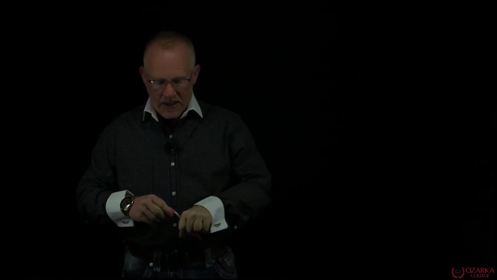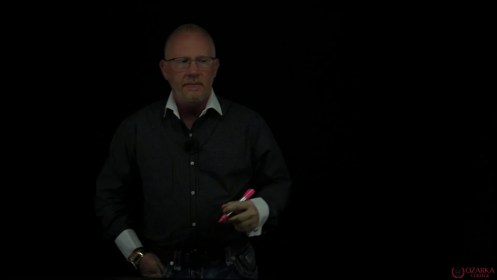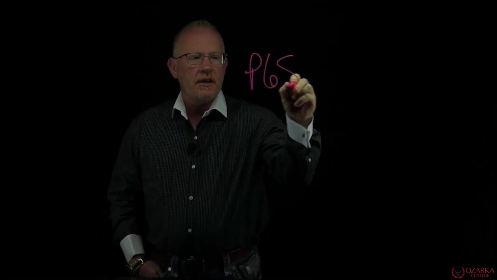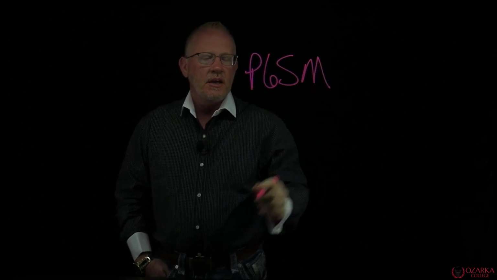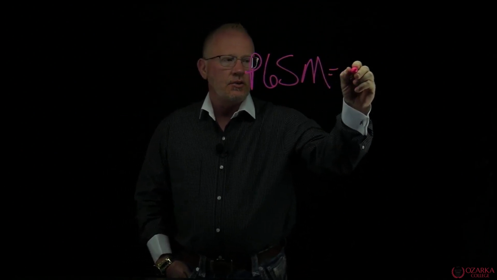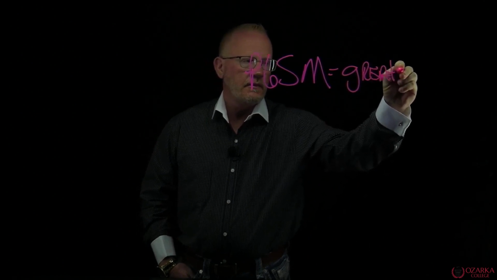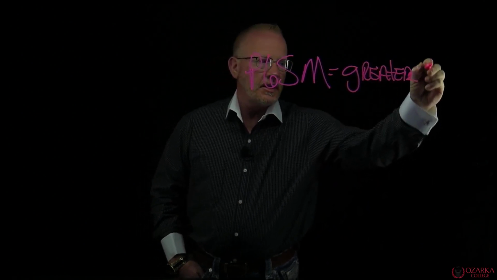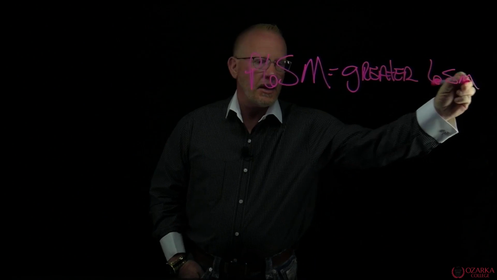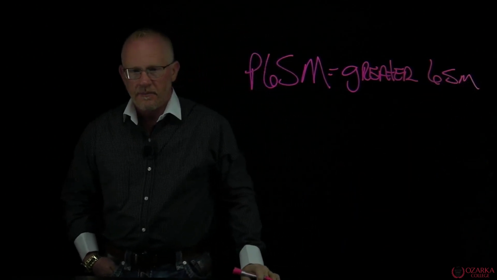So I want to give you just a simple way to remember it, okay? So we know that if we see P6SM, that means it's greater than 6 statute miles, okay?